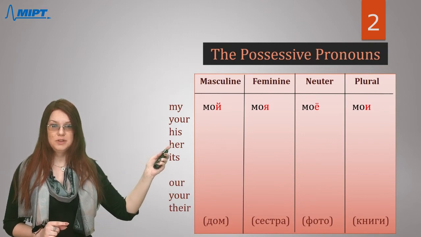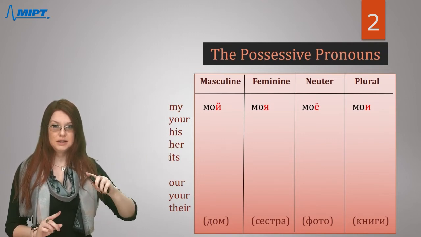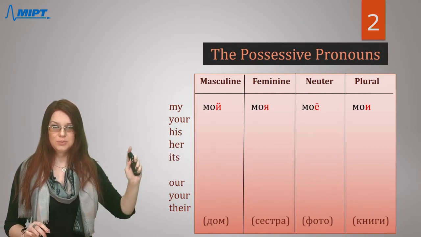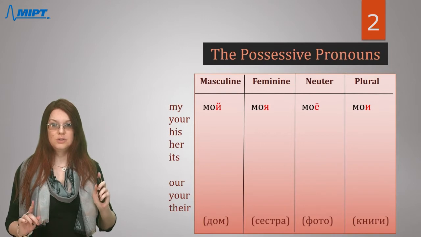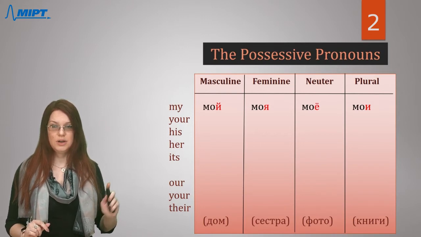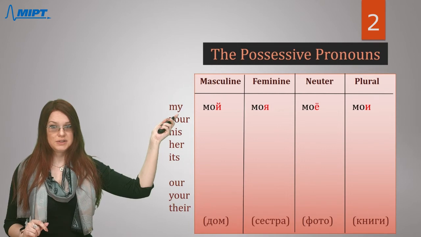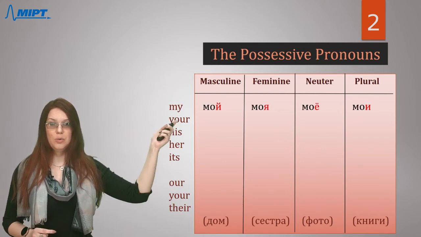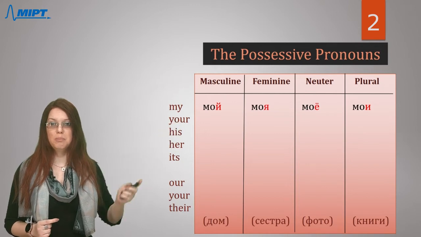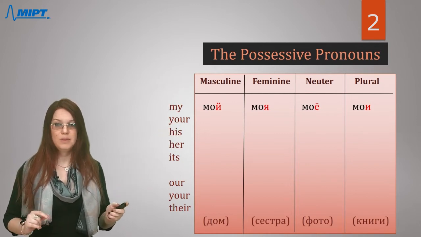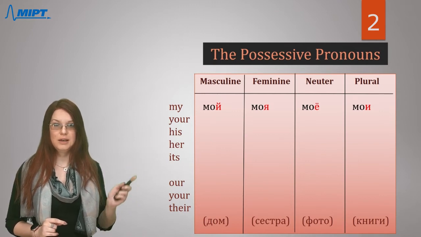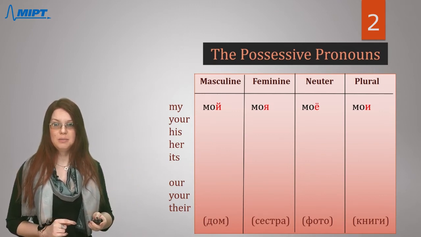But if this letter is not accented, accent is on another vowel, like in the next forms, you should read it like A. So I will read this line once again, and you please try to repeat after me. So, мой, feminine, моя, neutral, моё, and plural, мои. It will sound like this.